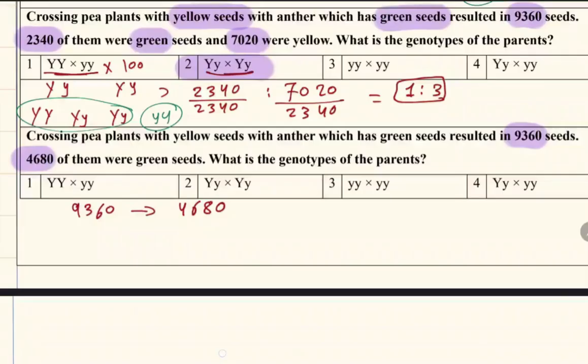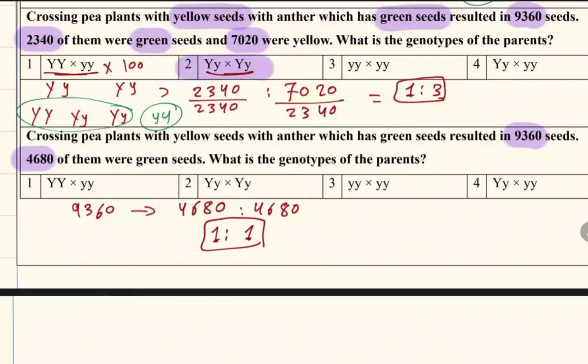Now, as we can see, this is half the number of this. These are green seeds. What is left of them will be the yellow seeds, 4,680, yellow. As I can see, the ratio here is 50-50 percent. So the ratio is going to be 1 to 1.